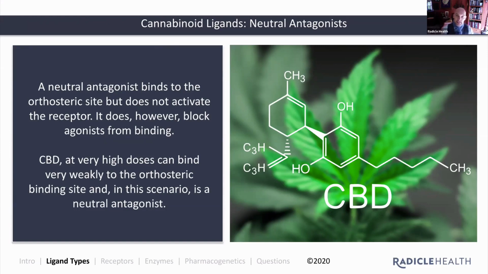If agonists can't bind to the main site and stimulate activation, then you're inhibiting that activation at that specific receptor. A couple of examples: CBD at very high dosages can very weakly bind to CB1, so this is sort of an example of a neutral antagonist. It will bind to CB1 as a neutral antagonist.